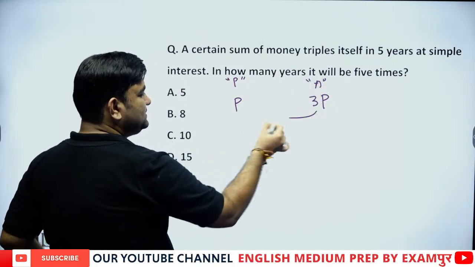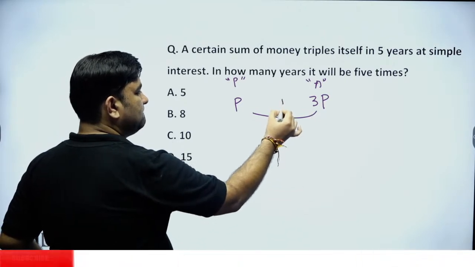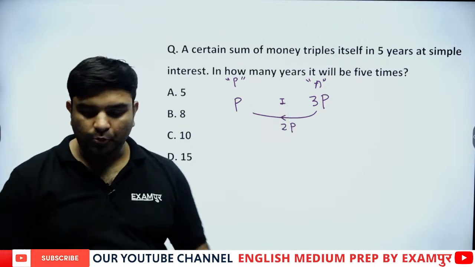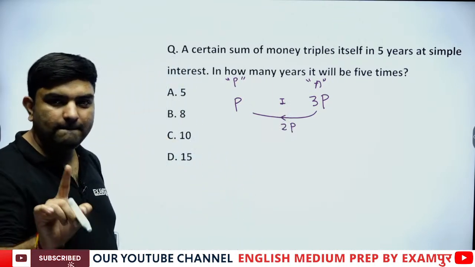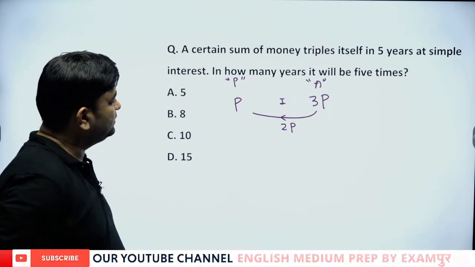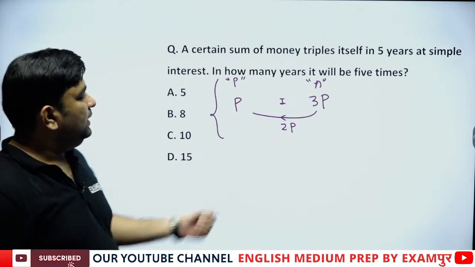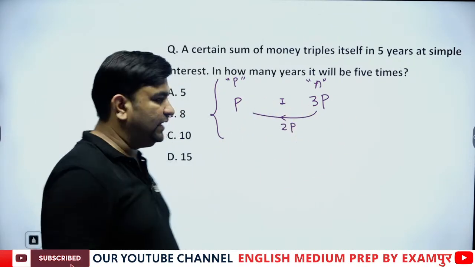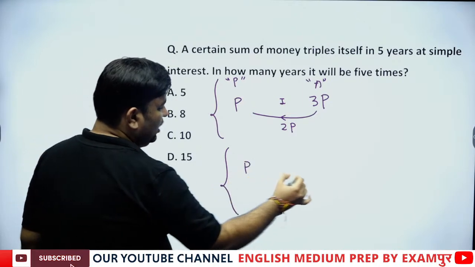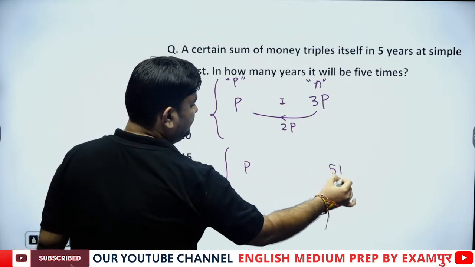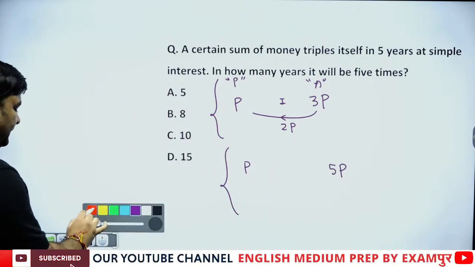Interest is 2P. Given information. In how many years will it become 5 times? In how many years will P become 5P?